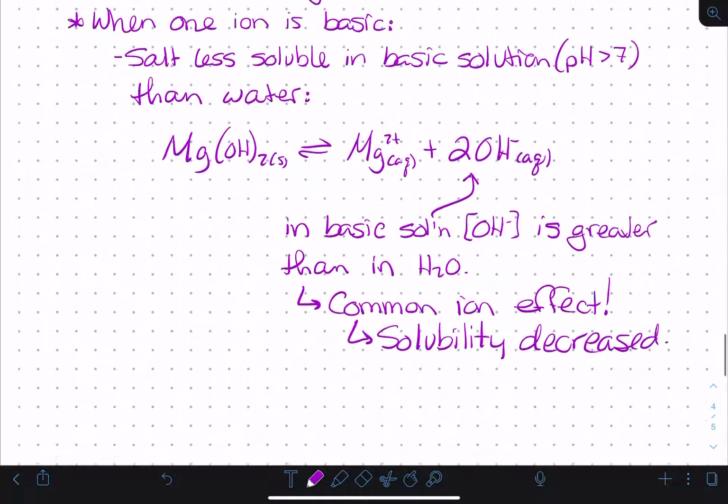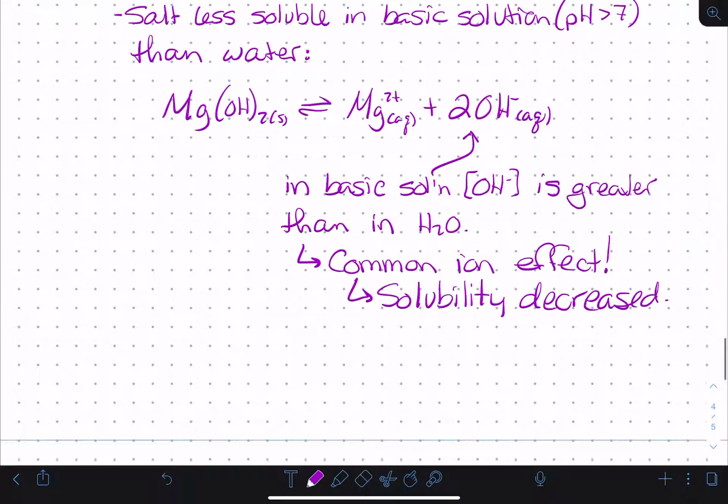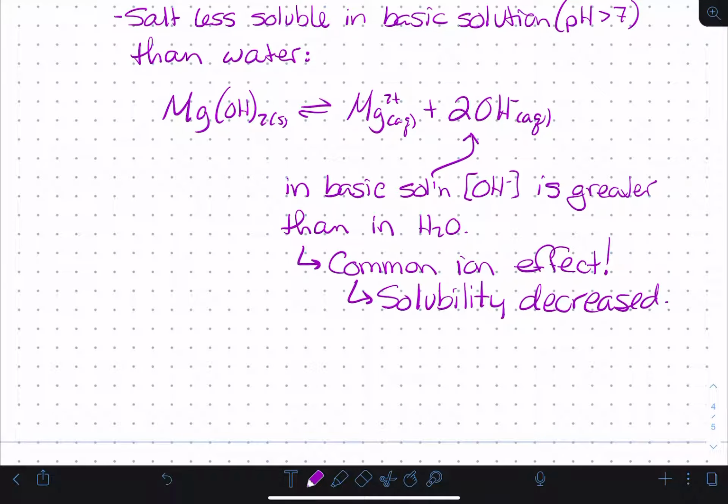These types of compounds where one of our ions is basic will also be more soluble in acidic solution. So this is a little bit more complex in terms of the explanation, but we can still think about it in terms of Le Chatelier's principle and concepts that we already know and understand.